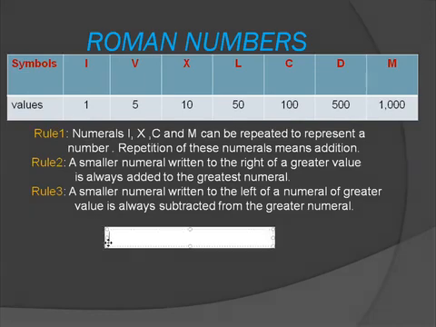Now I will give you the example IX. You can see clearly that X is a bigger number and I is a smaller number. We have written it on the left side of the bigger number, so it means minus. We have to subtract from the bigger number.